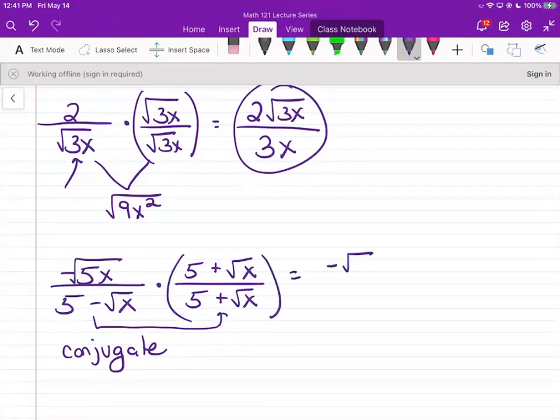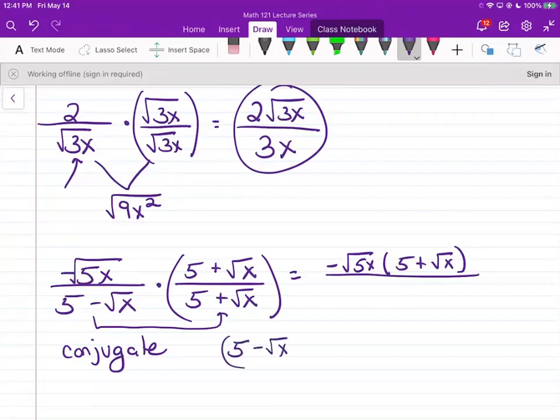I like to leave this portion the way it is because sometimes that will cancel. So instead of distributing, I will leave that to start with. And then on the bottom, notice we're doing 5 minus the square root of x times 5 plus the square root of x. We must FOIL.